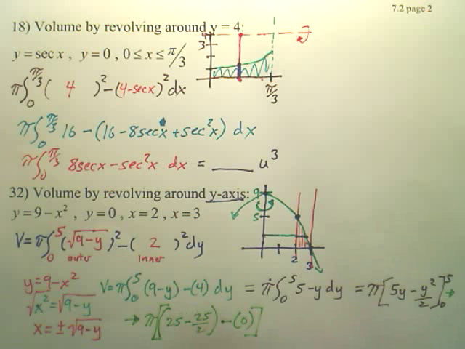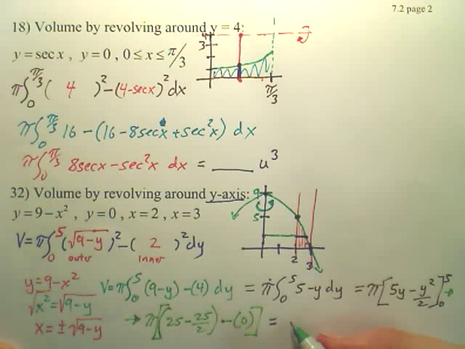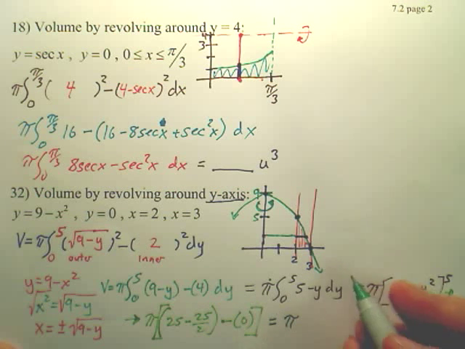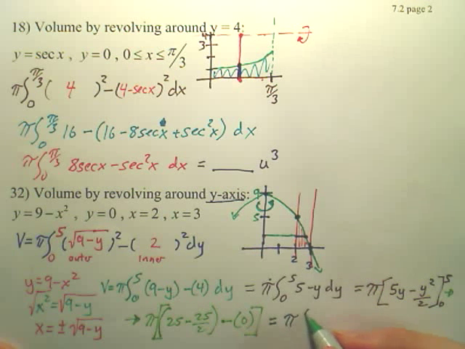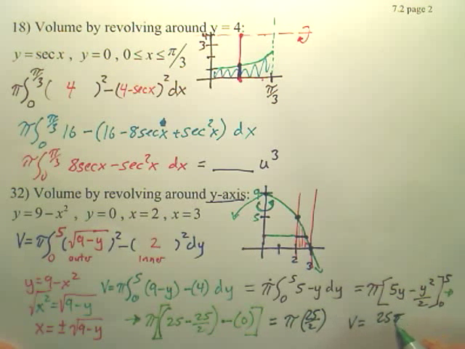So it looks like we have pi, and we multiply top and bottom by 2. Don't you get 50 over 2? But isn't it just going to be 25 over 2? So the volume equals 25 pi over 2.